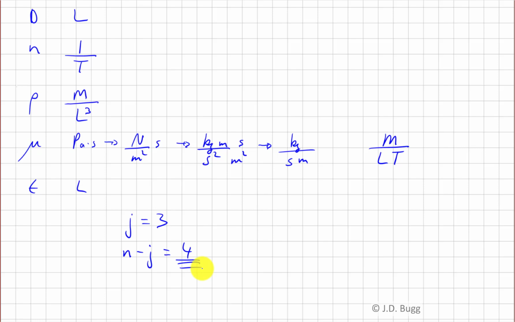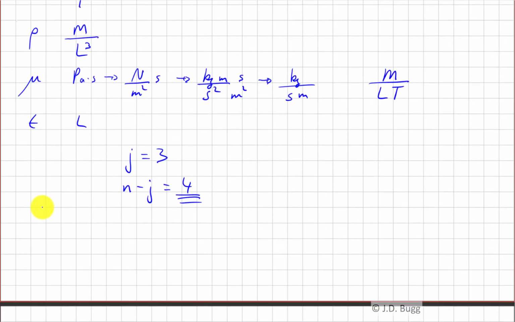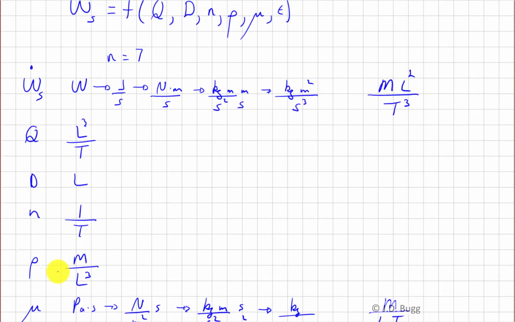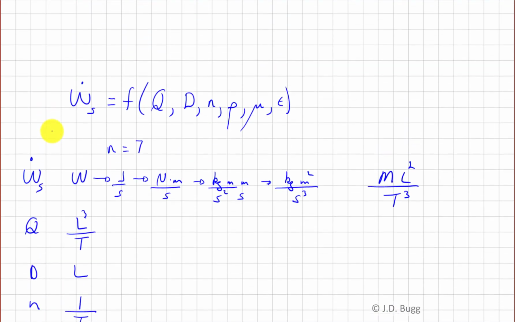Next thing we need to do in the Buckingham-Pi theorem is choose our repeating variables. So go back up to our list here and consider which ones we're going to choose. So remember, we don't want to choose our dependent variable as one of our three repeating variables because we don't want that to appear in every one of our groups. We're trying to find this as a function of other things.